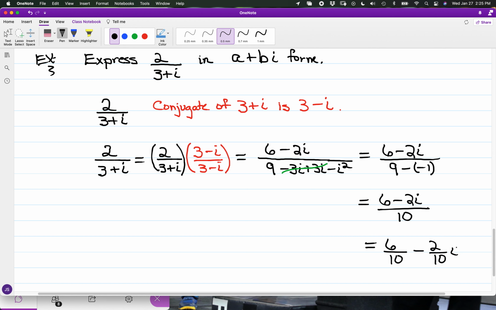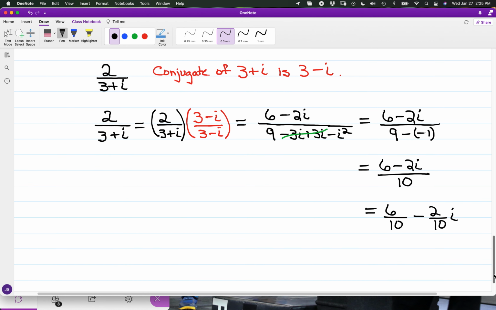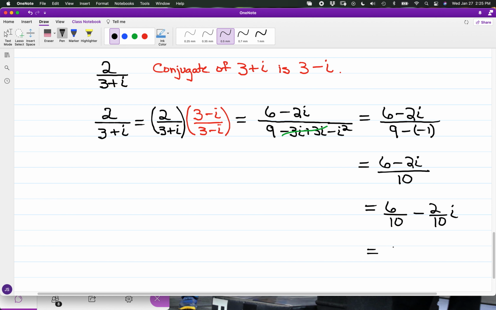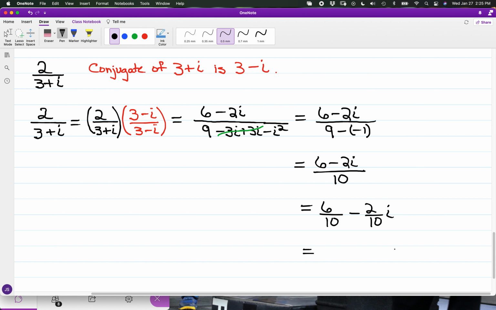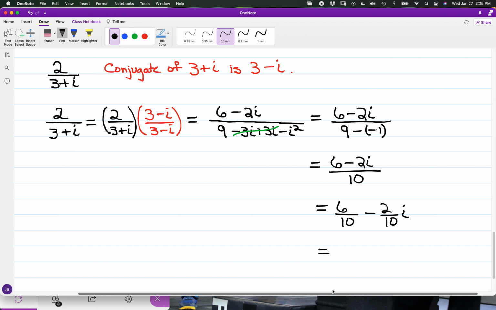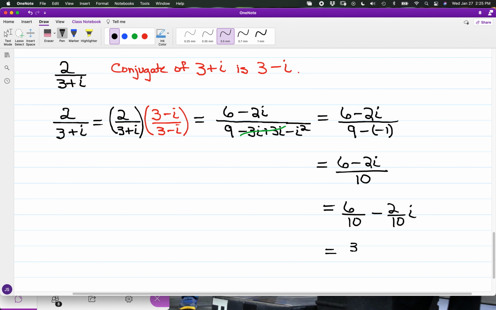And for the coefficients, we can reduce, and so in the reduced a plus bi format, this is going to come out to 3/5 minus 1/5 of i.